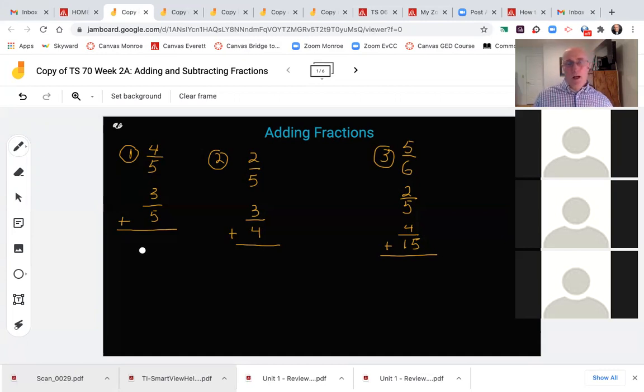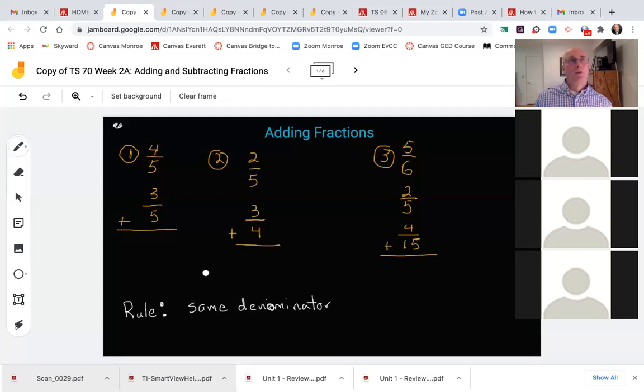All right, so one thing you might want to write down here is that there's a rule for adding and subtracting fractions, okay? I'm going to write this rule down here at the bottom: you have to get the same denominator, okay? And that is the rule. You have to have the same denominator before you can add or subtract, okay?